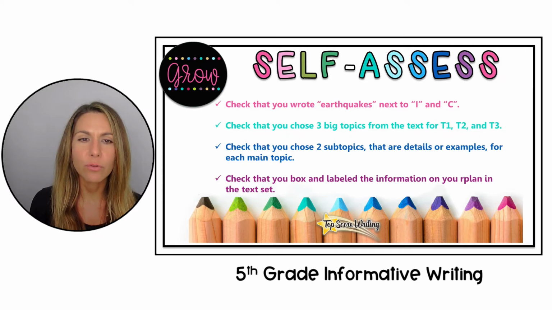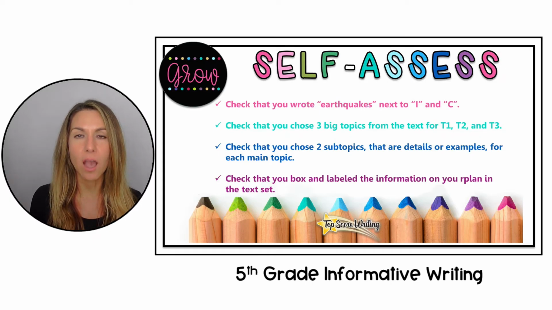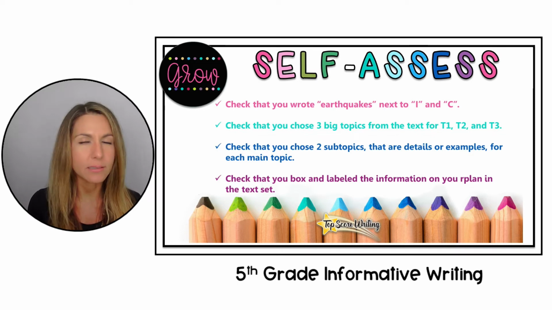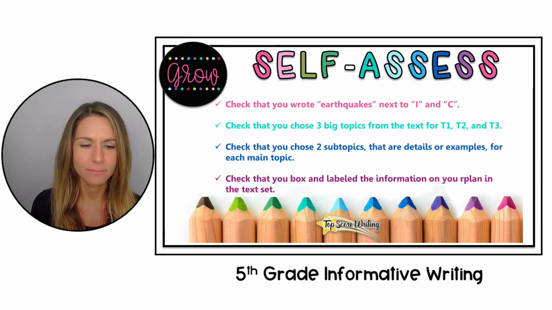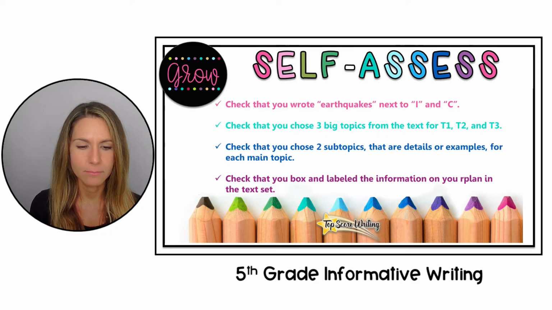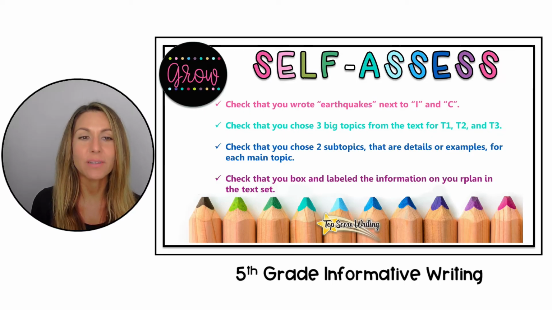Next, check that you wrote 3 big topics for T1, T2, and T3. Not details, big topics. Go ahead and check that now. Perfect. Let's go on to the next thing.